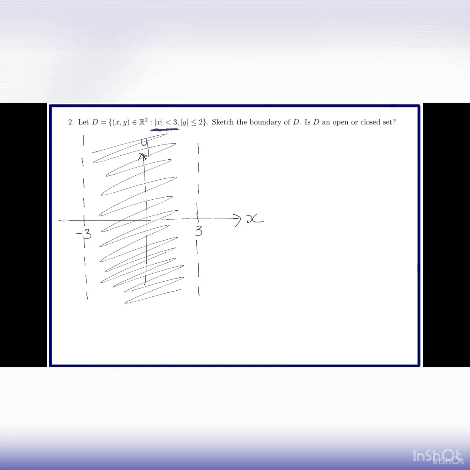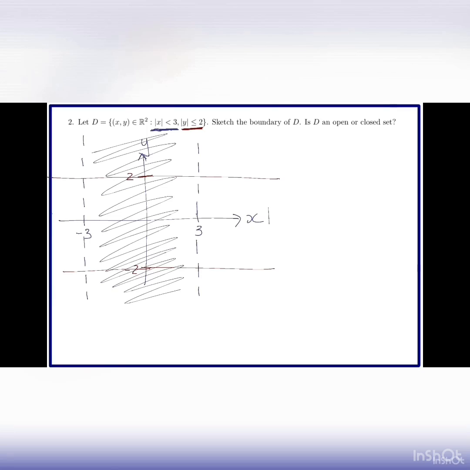Now I'll use a different color. y lies between negative 2 and 2, but included, meaning that the lines will be solid. So this is 2, this is negative 2. I can have solid lines because it's less than or equal to.